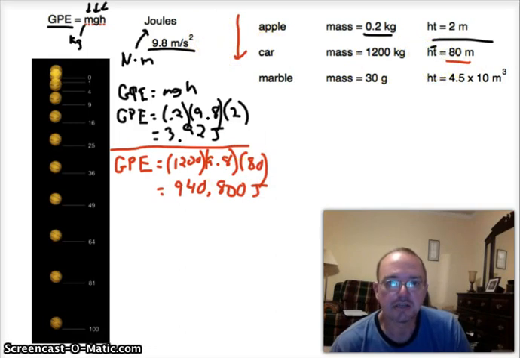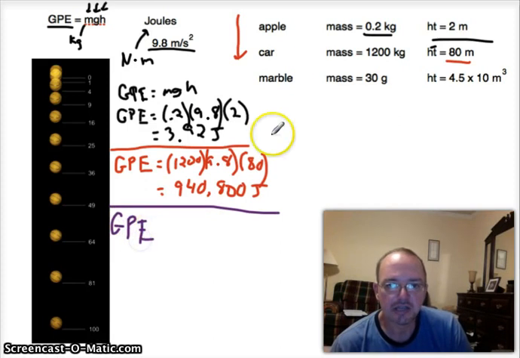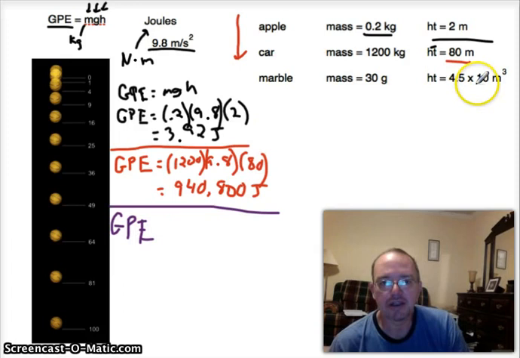Let's go to a different color for the marble. This marble, you can see the height is very high. I chose to have a marble falling out of an airplane. So I wonder how it would compare in joules to a car falling. The car is falling, but it's only at 80 meters. The marble is falling out of an airplane at a huge height. So let's find out.